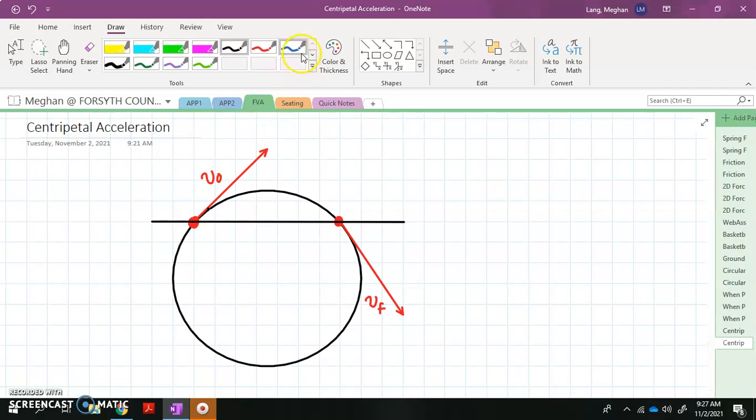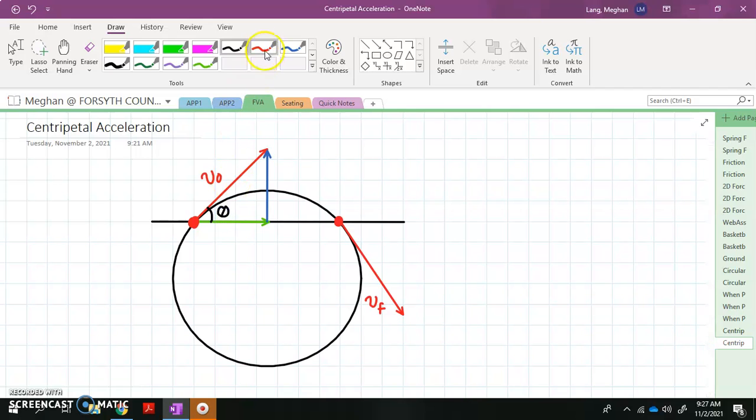So this initial velocity is going to have a component that is in the x direction, and I'm just keeping classical horizontal as x, and then a component in the y, classic vertical being y, okay? Now, I'm going to label this theta here.